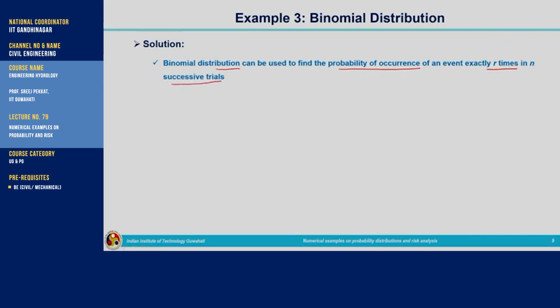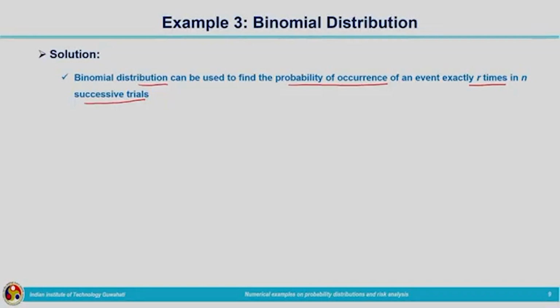The number of trials we can consider as 50, because the design life period is 50. If we are considering every year, we have 50 trials, and out of that r times the flood will occur. So, in such cases we will make use of binomial distribution.